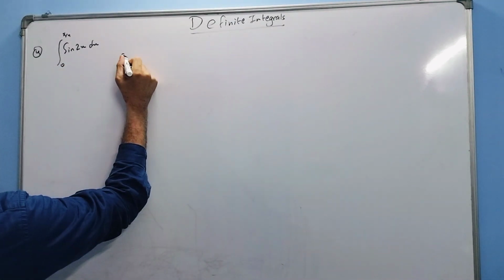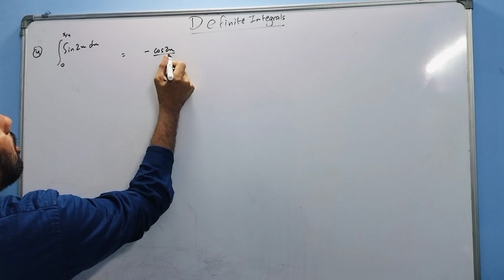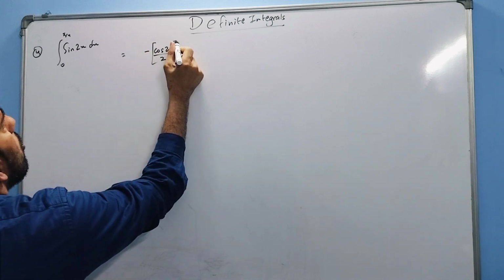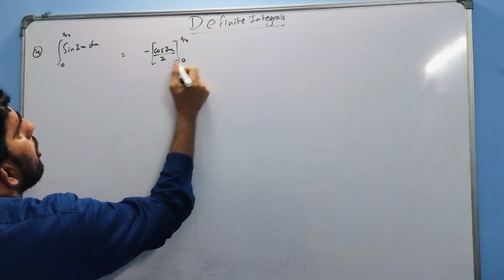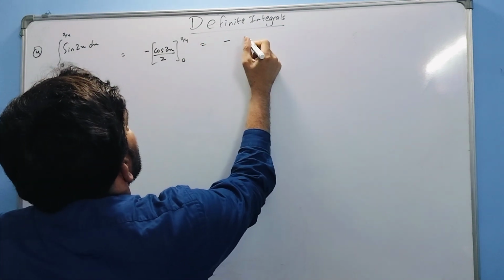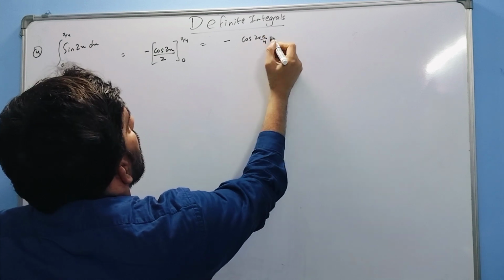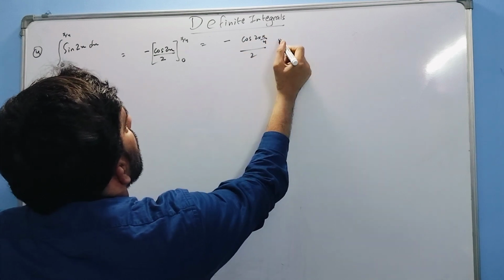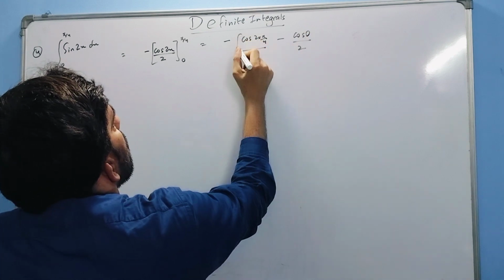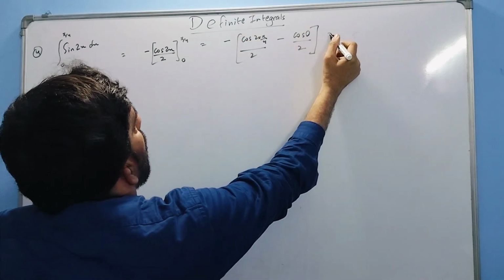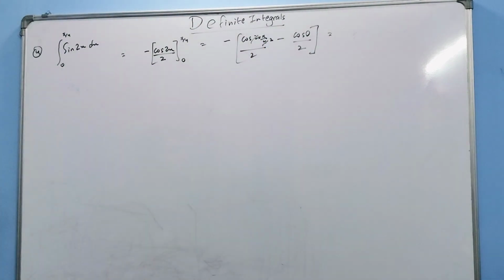Integral of sin 2x will be minus cos 2x by 2. So now we'll put the limit here, and we'll try to find the answer: minus cos 2 into pi by 4 upon 2 minus cos 0 upon 2. So if I try to solve, we'll get pi by 2. Now cos 90 is 0.